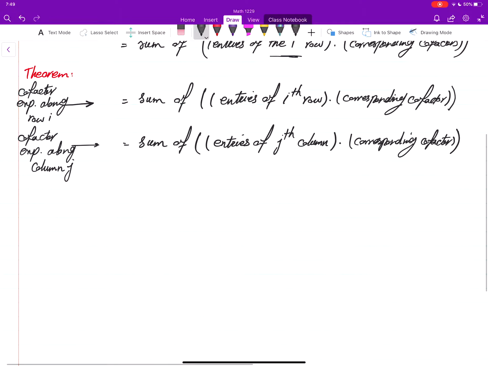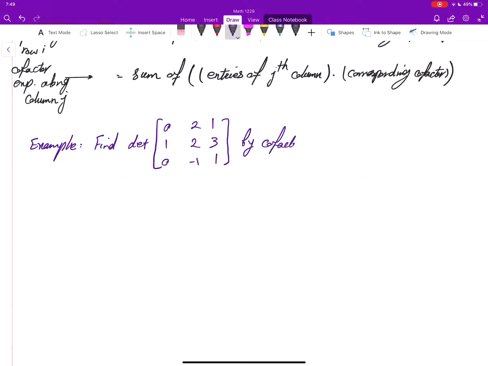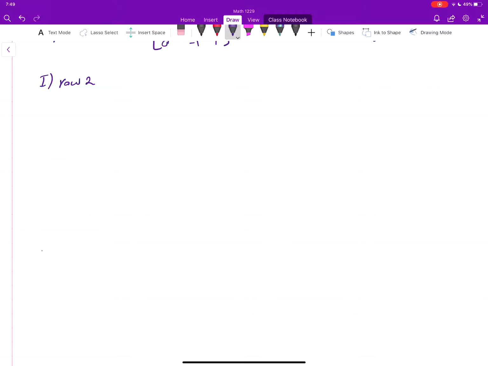Okay, let's see this in an example. The example is: find the determinant of this 3 by 3 matrix, 0, 2, 1, 1, 2, 3, 0, negative 1, 1, by cofactor expansion along, first, row 2, and then do it again along column 1.